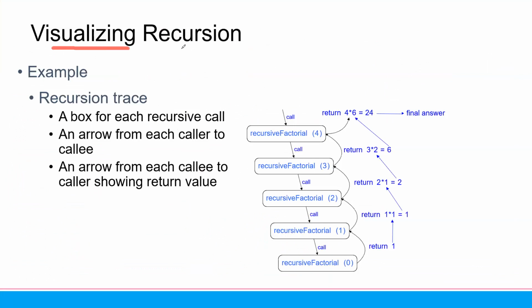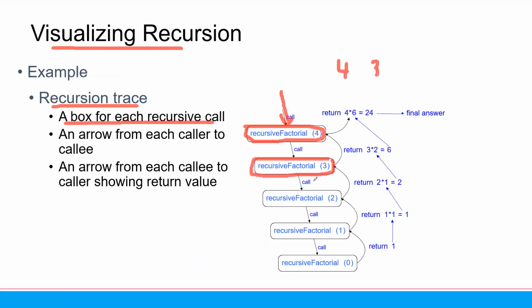For the visualization, you can look at this one. It is the recursion trace, a box for each recursive call. So when we call the recursive factorial for 4, we will call 4 minus 1. And then when it is 3, we will call 3 minus 1, which is 2.